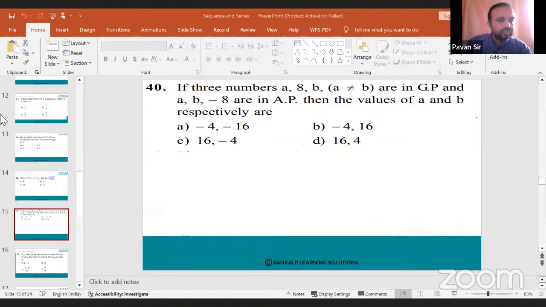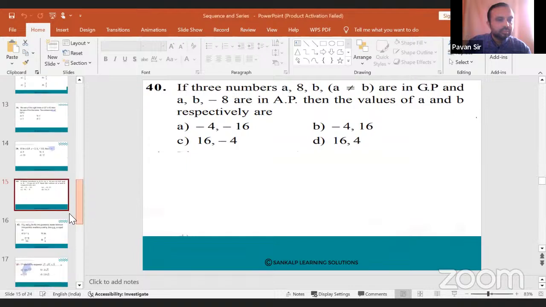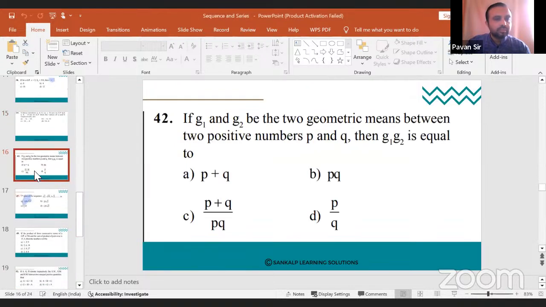Now, okay, next question is here. If G1 and G2 are the two geometric means between two positive numbers P and Q, then G1 into G2 is equal to what? Try to get the common ratio here.